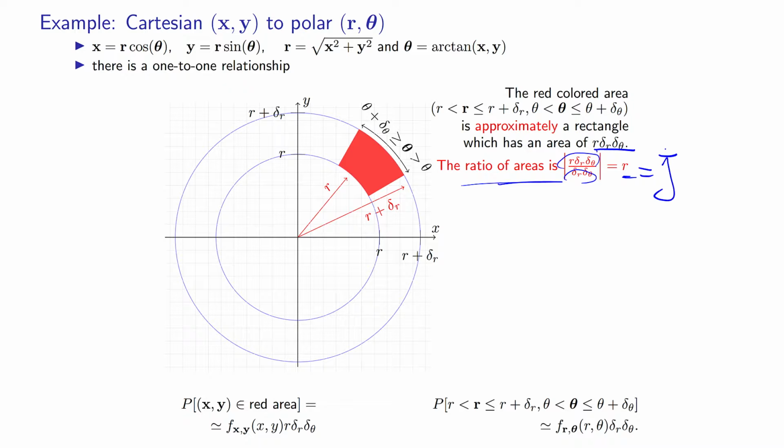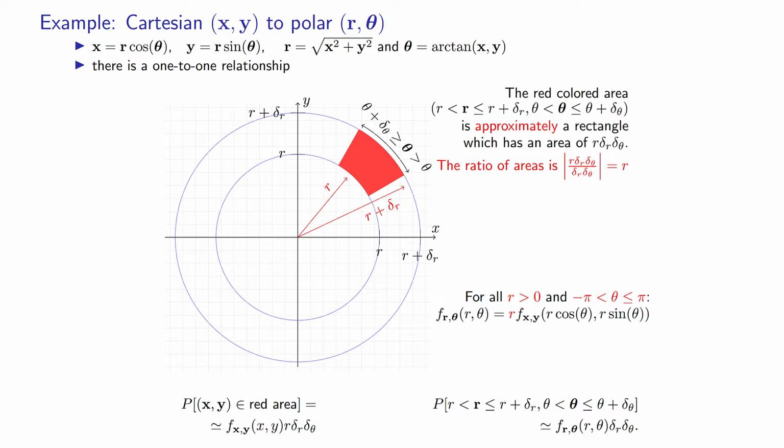And obviously here f of x y of x and y is equal to f of r and theta, with a factor of r here, which is the Jacobian. Obviously the Jacobian from one domain to the other is equal to the inverse of the other one. So this is the first equation, which gives you, if you know the distribution in the x y domain, you can use this. So this r is the ratio of the areas, which is the Jacobian.